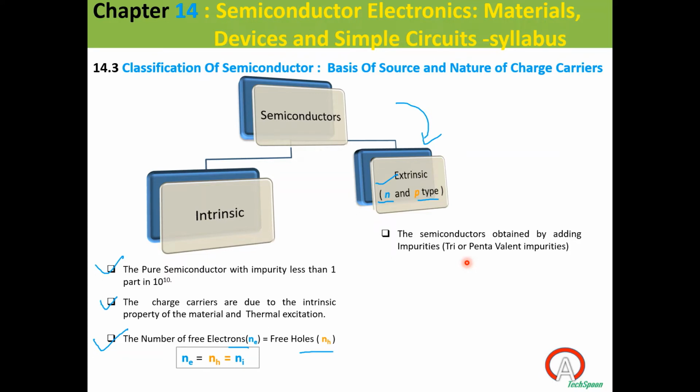Intrinsic semiconductors are semiconductors which have very little impurity, less than 1 part in 10 to the power of 10. And extrinsic semiconductors are obtained by adding impurities. Fine. We will be adding impurities externally, that's why the name extrinsic.